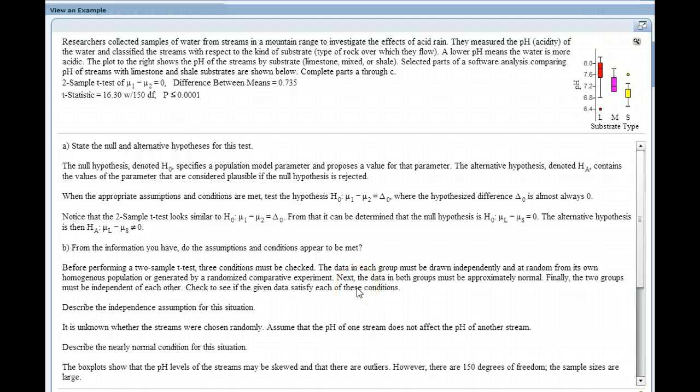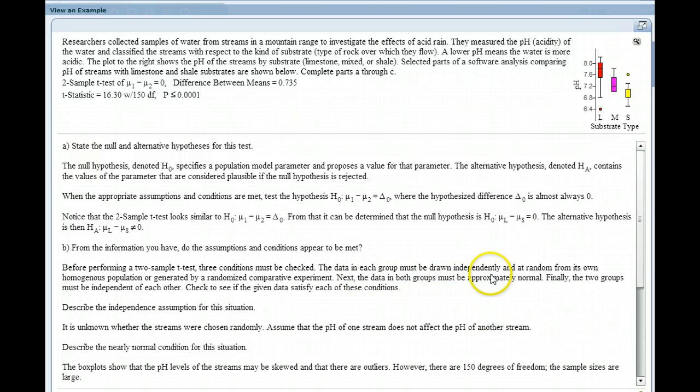The next thing is that the data in both groups must be approximately normal. And finally, the 2 groups must be independent of each other. So let's check to see if those conditions are met. Independence and random, approximately normal, and the 2 groups are independent.